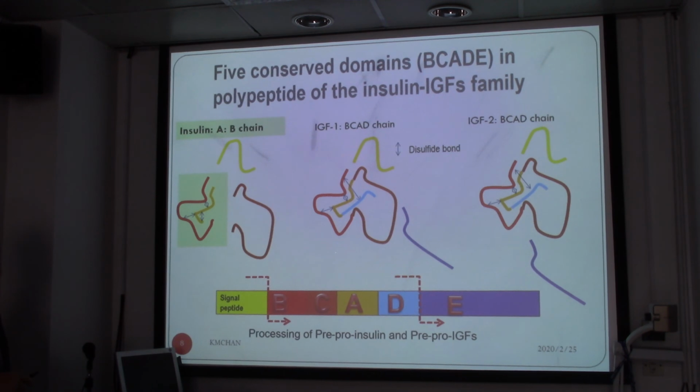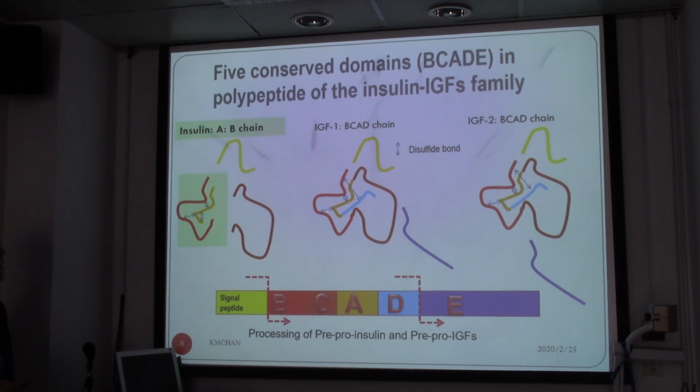And then these are the processing steps. You can see that the connecting peptide is removed, and only the B chain and the A chain are retained in insulin, with 3 disulfide loops forming a special secondary structure. For IGF-1 or IGF-2, the BCAD chains are maintained together.